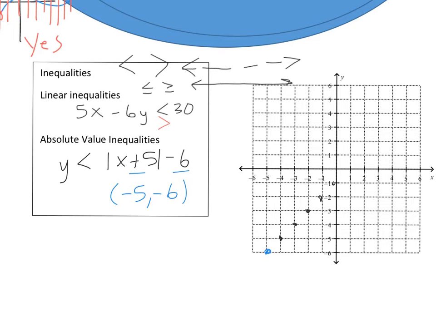So at the end you have to look at the inequality symbol, which tells me it's going to be a dashed line. So I make a dashed line, and then I'm shading less than, so I shade underneath the function. Don't forget your shading, and don't forget about the boundary line and the shading.